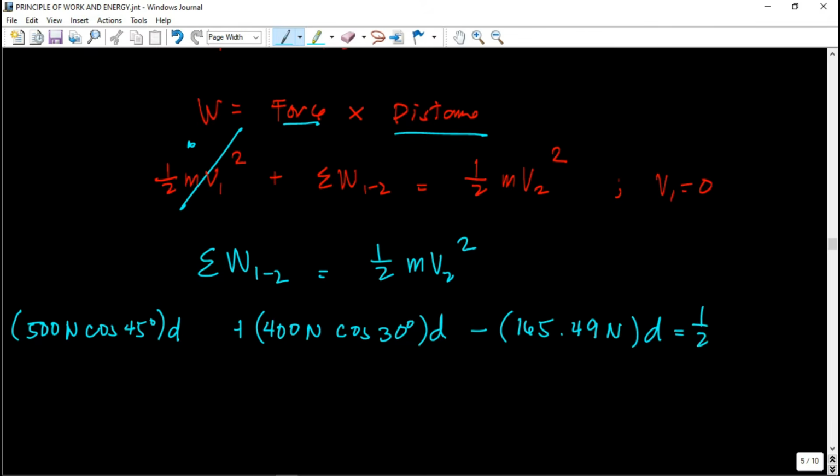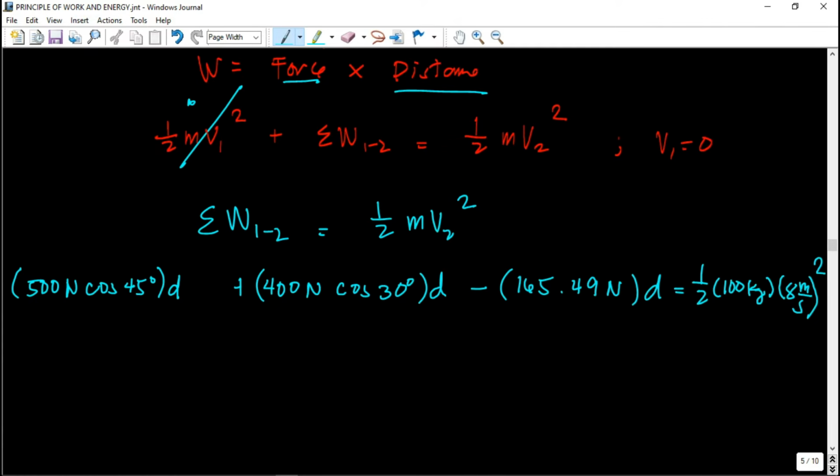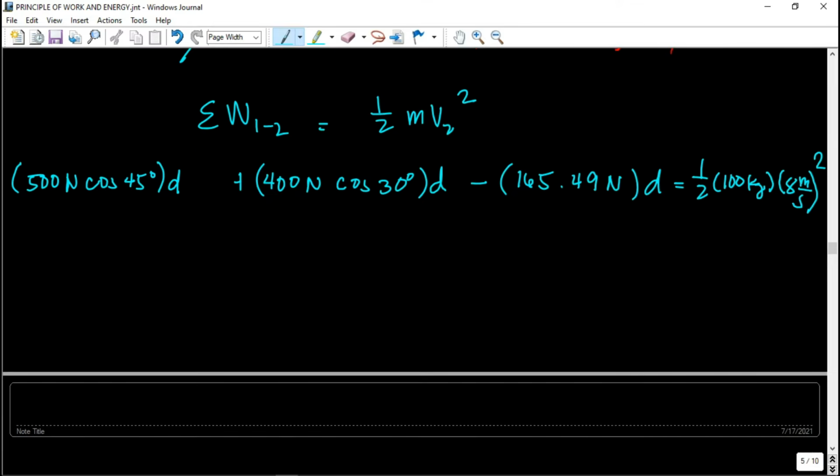So 1/2 mass, which is 100 kilograms, and v sub 2, which is 8 meters per second, squared. Using this equation, we can now extract the distance D.